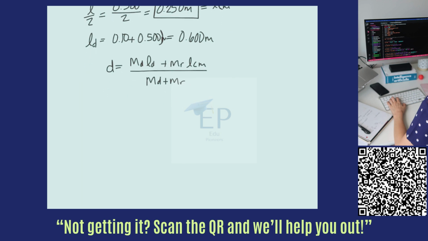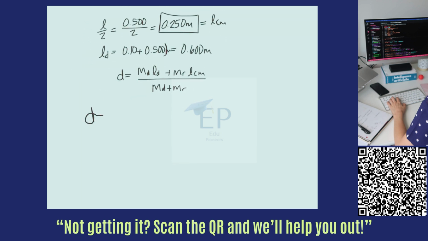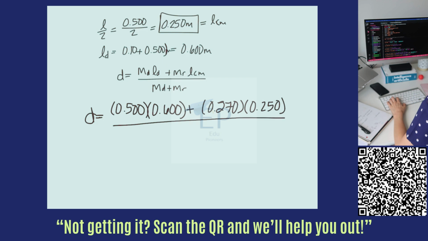So when we substitute in our values, the distance equals 0.500 kilograms times 0.600 meters plus 0.270 kilograms times 0.250 meters, divided by 0.500 kilograms plus 0.270 kilograms.